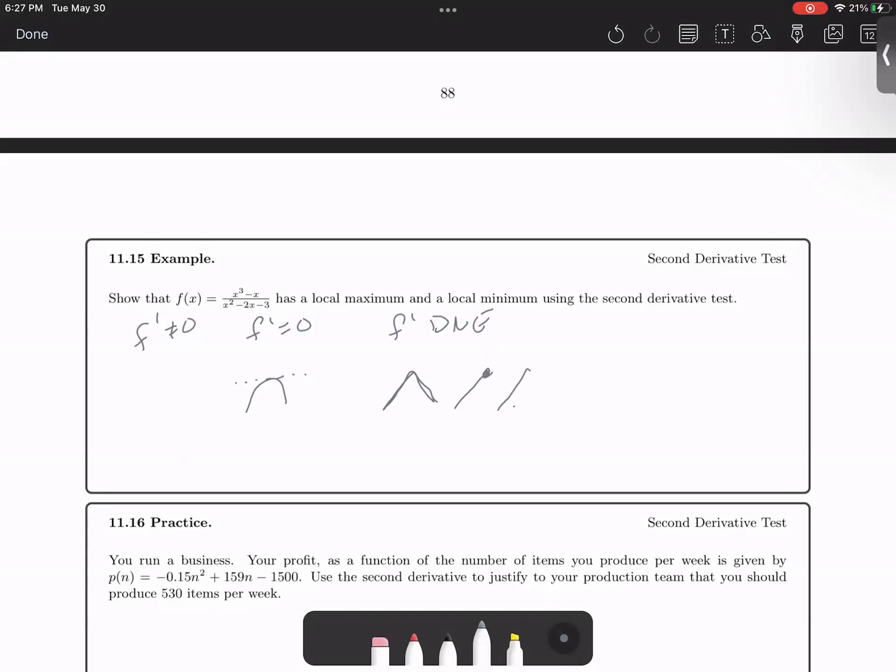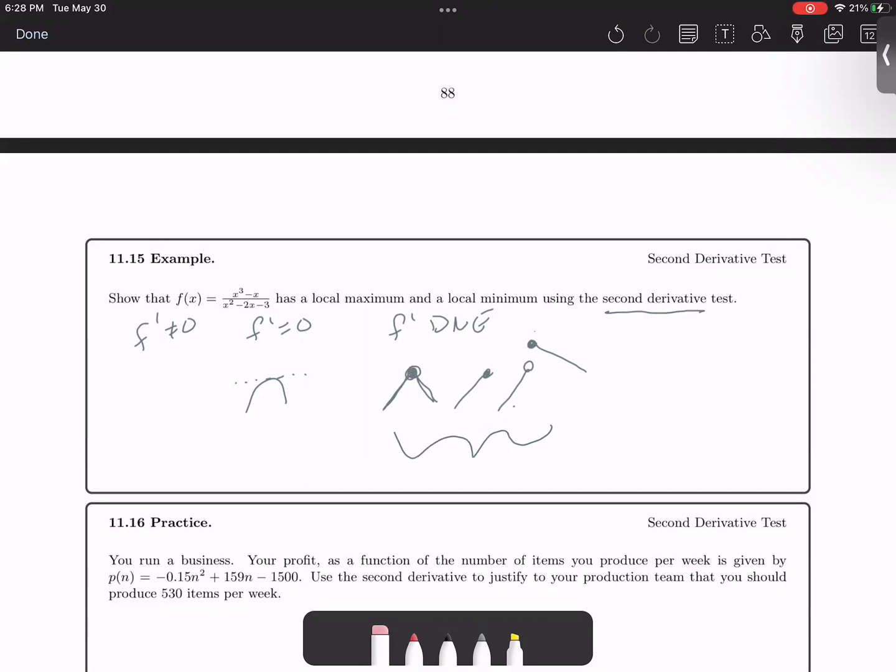Or maybe you've got something like this going on. So there you actually do have a maximum. In fact, all three of these places you have local maximums, but the first derivative does not exist there. But if we want to use the second derivative to justify the existence of a local extrema, then that automatically throws away all of these cases, because if your first derivative doesn't exist at a point, then there's no way that the second derivative does.